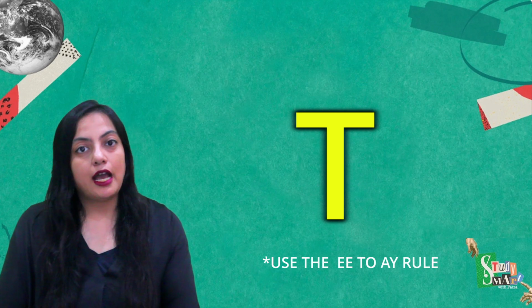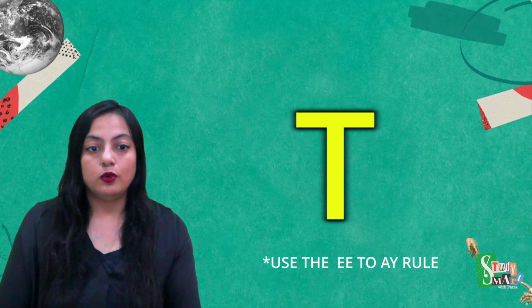Now this letter is pronounced exactly like in English. S, S, S. But in a word it makes the Z sound. So wherever you see it, make sure to put out that Z sound. Let's repeat the name of the letter. S, S. Now we're going to apply the E to A rule once again.